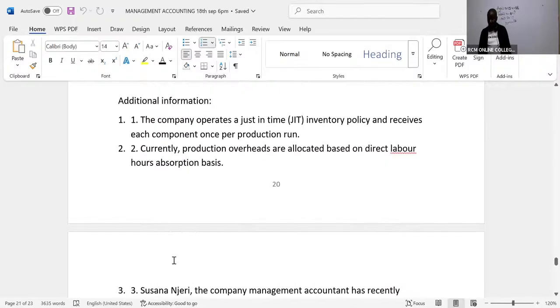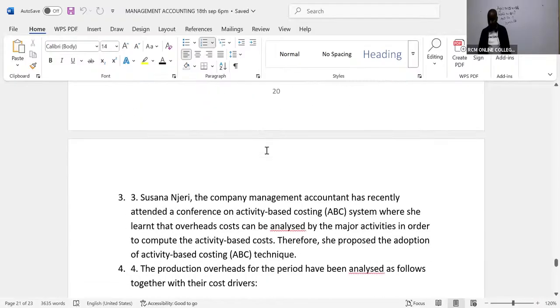Additional information. 1, the company operates a just-in-time inventory policy and receives each component once per production run. 2, currently production overheads are allocated based on direct labor hour absorption basis. 3, Susan and Jerry, the company management accountant, has recently attended a conference on ABC, activity-based costing system, where she has learned that overheads can be analyzed by the major activities in order to compute the activity-based costing.